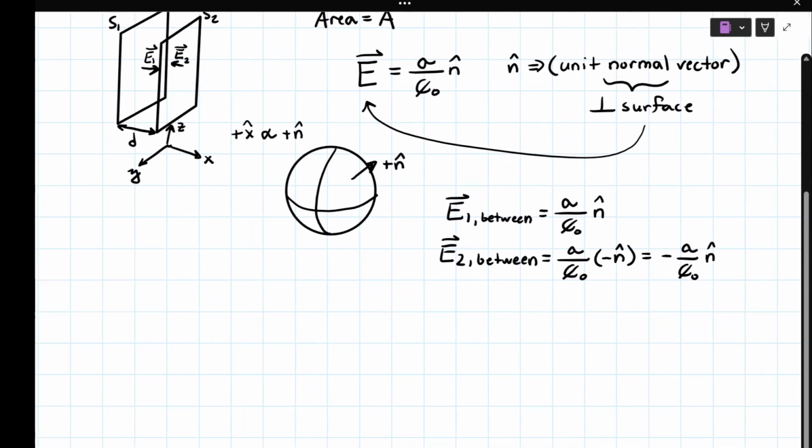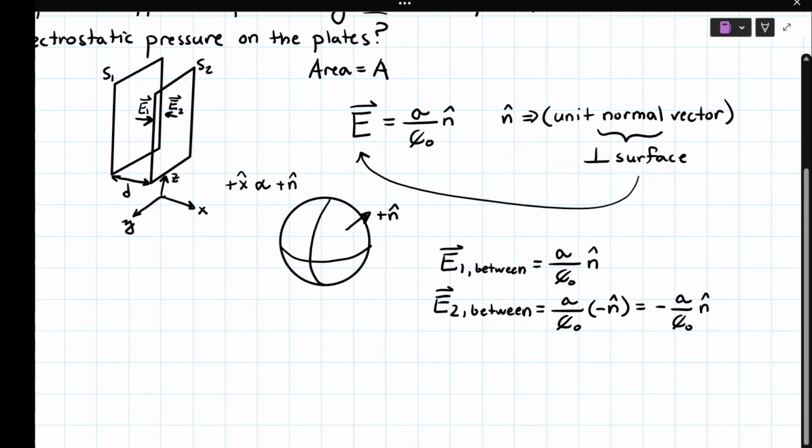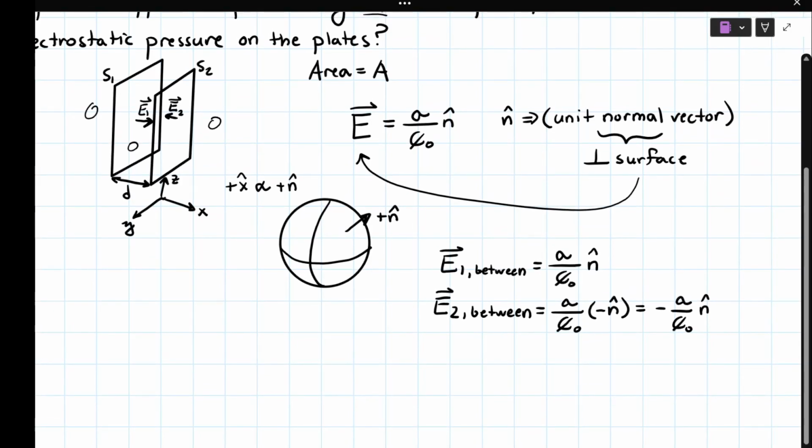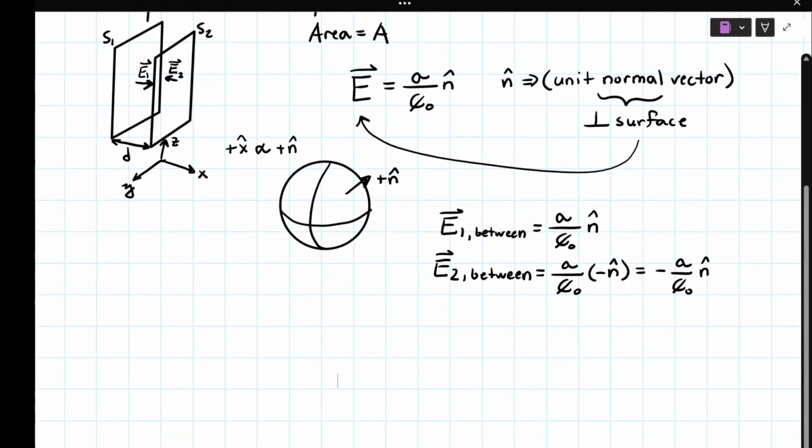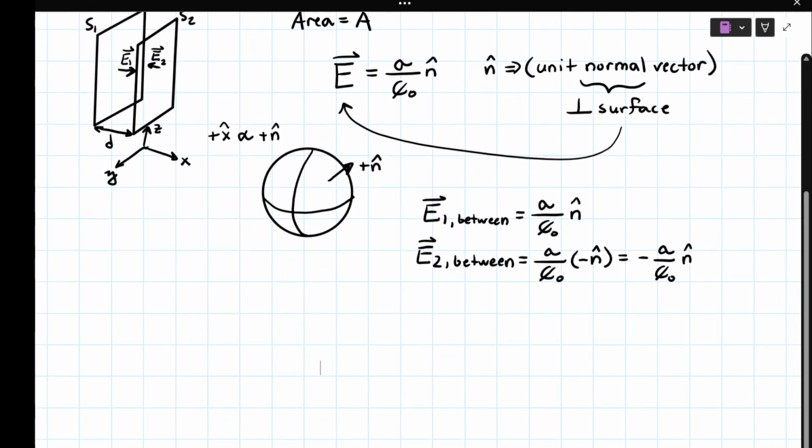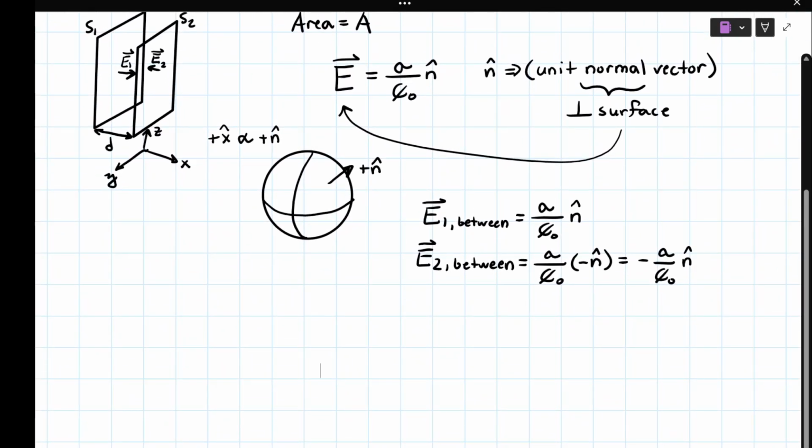And so we want to find the total electric field on all sides of this. We want to find it out here, we want to find it out here, and we want to find it in here, okay? And so let's do the between first. Let's find what that would be.